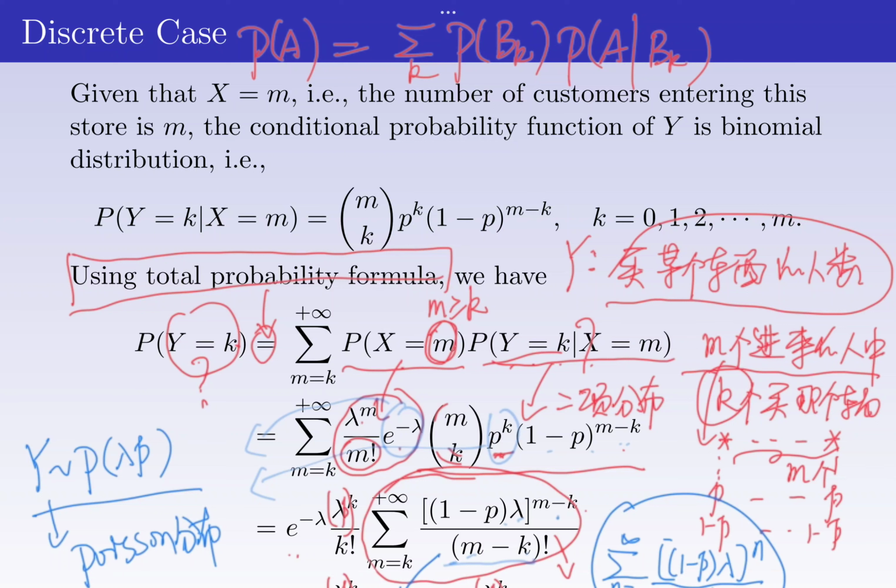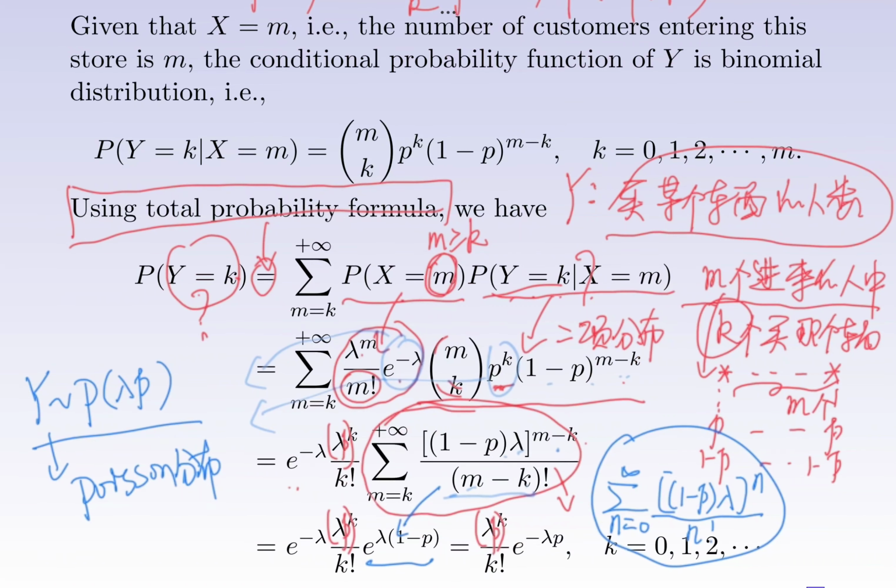The condition is a binomial distribution. That is to say, using the total probability formula.